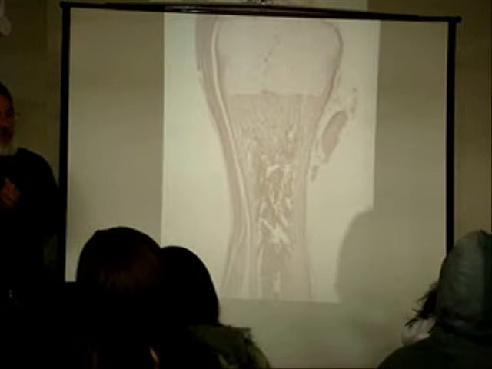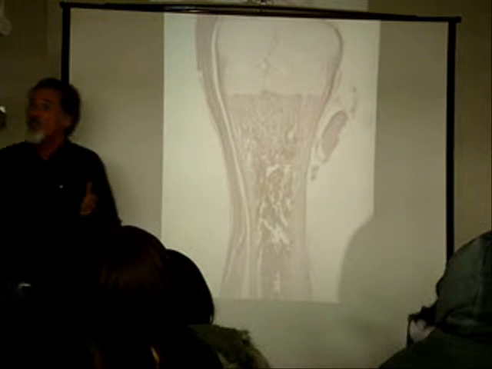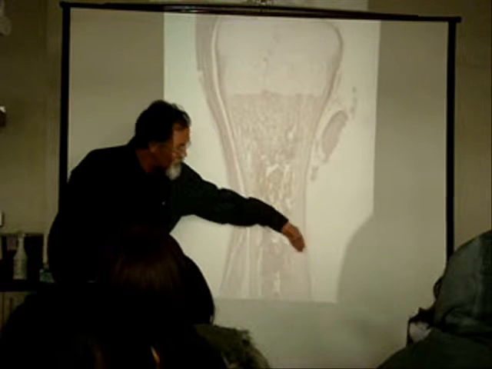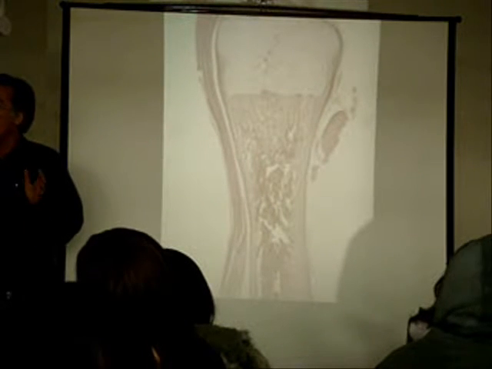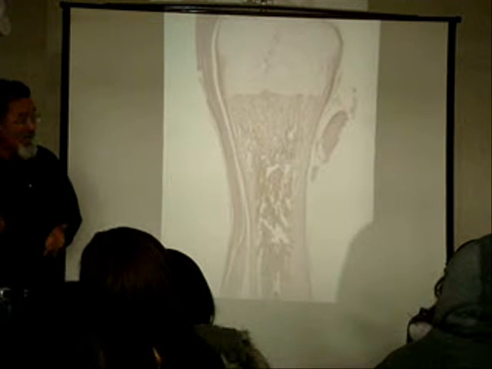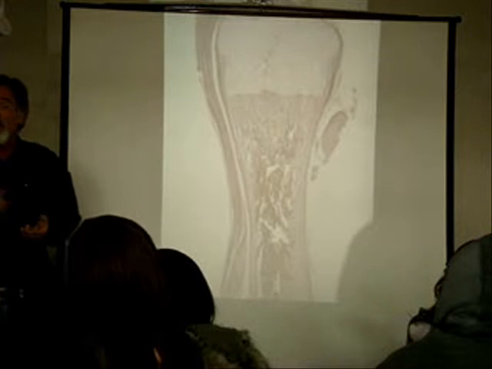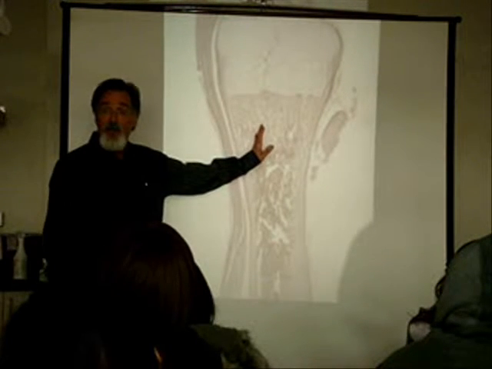What that does is prevent diffusion of nutrients. Remember, cartilage is avascular, so the cartilage surrounded by this bony collar necroses and forms the marrow cavity. At the same time, an osteogenic bud invades: blood vessels, nerves, and osteoprogenitor cells come in and move up this way.